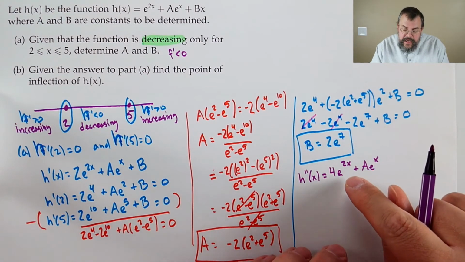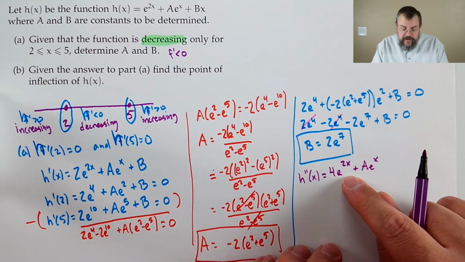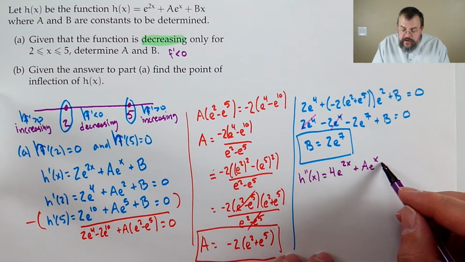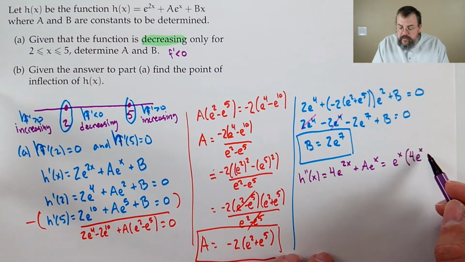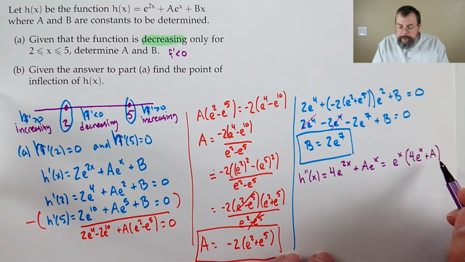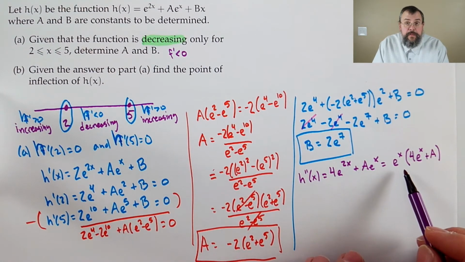Now, e to the 2x is really e to the x squared. It's a similar process to what we did here, right? And so what we can do is factor e to the x out. So e to the x times 4e to the x plus a. And, well, the e to the x can never be 0.